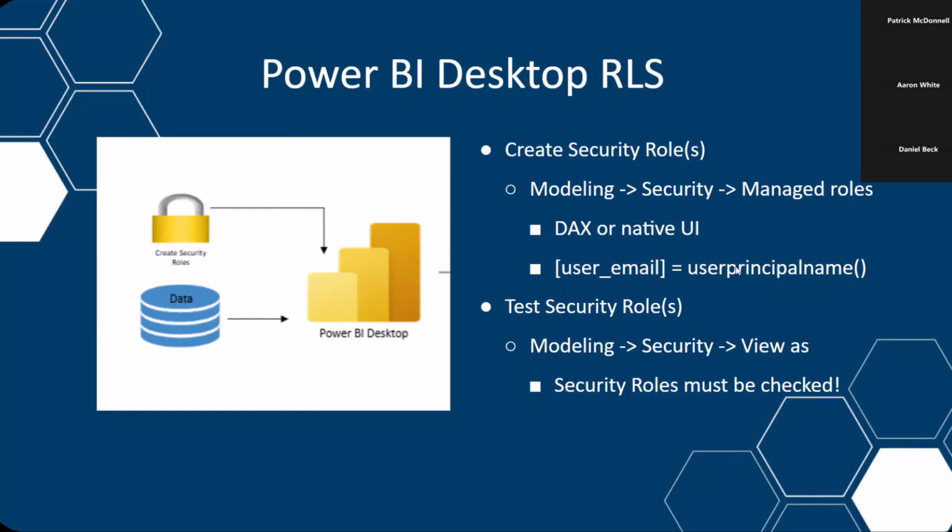So all this means is whatever emails you're going to be using from your database, they have to match the user principal name, also known as the email that is assigned to Power BI. They have to be the same, because if they're not, then when that user logs in, they're not going to be able to see anything because those emails aren't going to align properly.